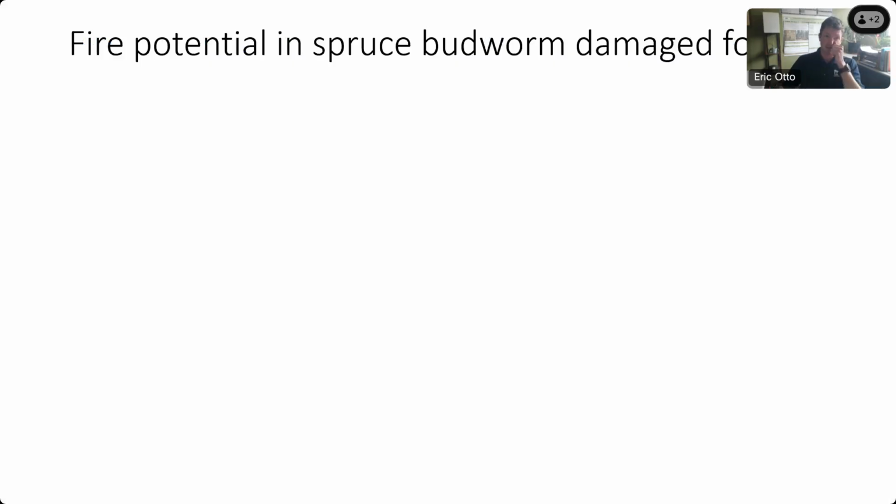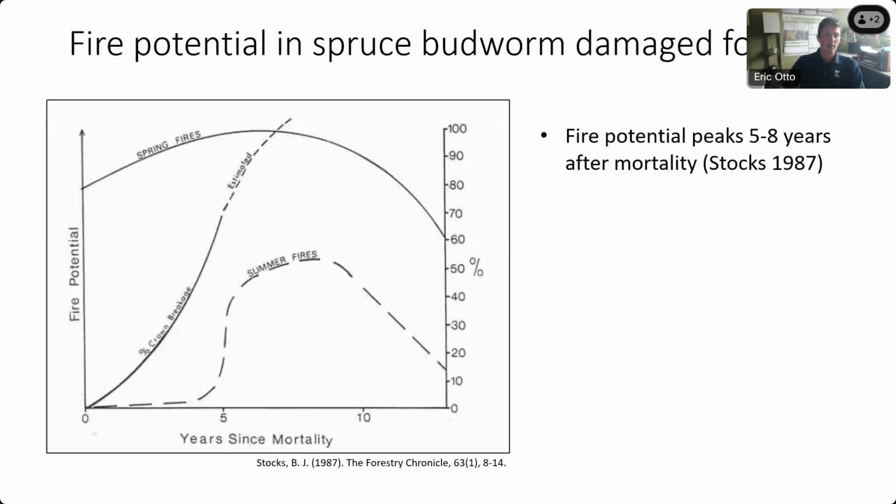There's been a lot of different research that has looked at the potential role of fire with spruce budworm damage. One that I reference quite a bit is summarized in this graph. In this study they actually did empirical research. They did control burns, and they found that fire potential peaks 5 to 8 years after those trees die.